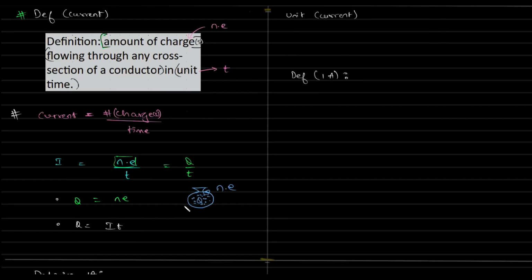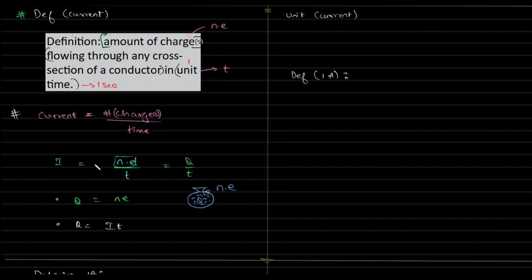Right? So we are defining current as the amount of charges flowing through any cross section of a conductor in unit time. That's the basic definition. It sounds fancy, but you'll understand in time. So amount of charges you understand, divided by unit time. Unit time means, say, 1 second.